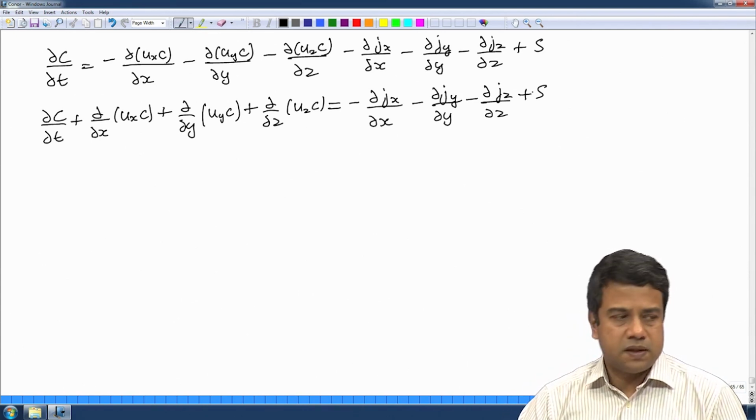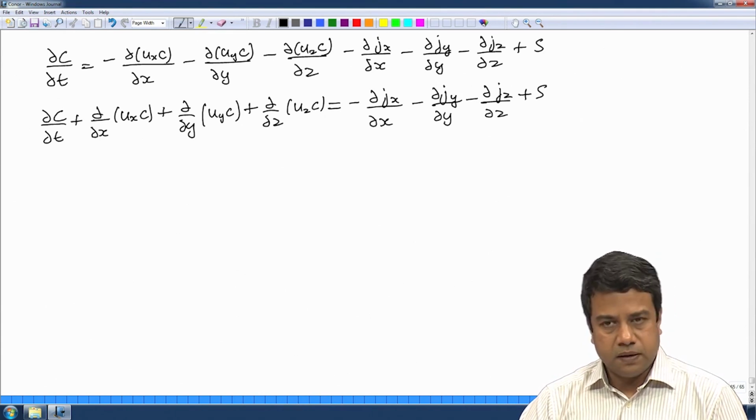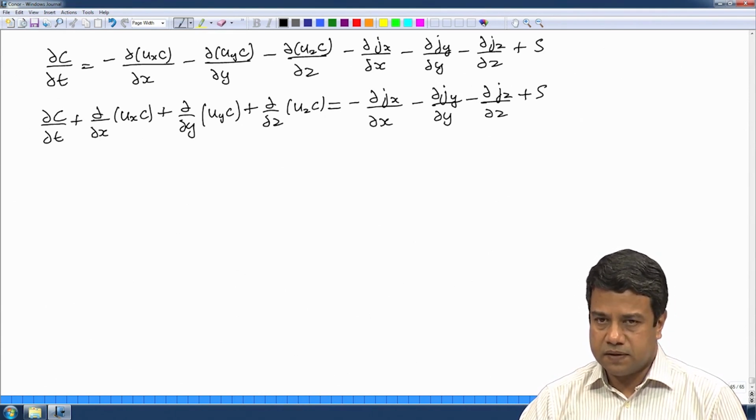So, that is the conservation equation. Now, I have to use the constitutive relation for these fluxes.